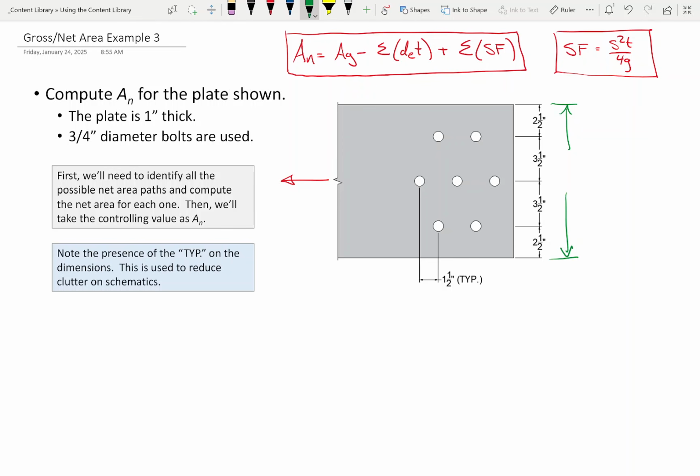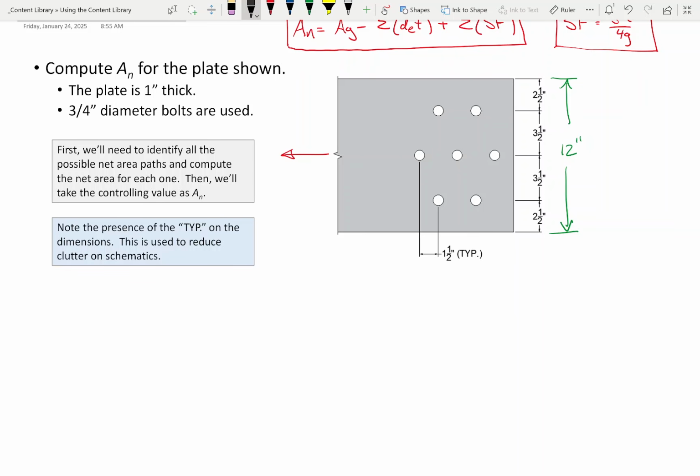So we'll do 12 inches. I think I can do that one in my head, that we can say that the gross area is just 12 times 1, which is 12 square inches.